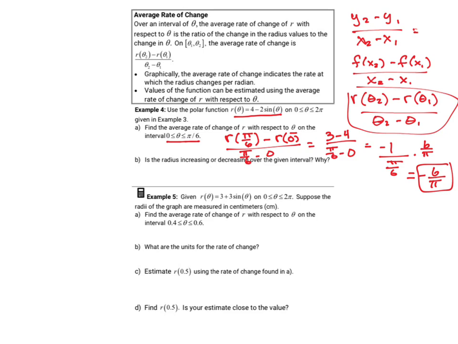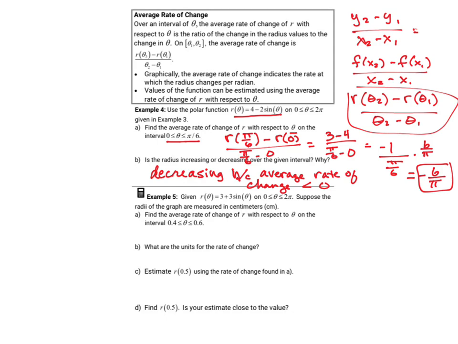Now this rate of change came out negative. What does that tell me is happening to my function? It's decreasing. Is the radius increasing or decreasing? Well, it's decreasing, because the average rate of change is negative, is less than 0.